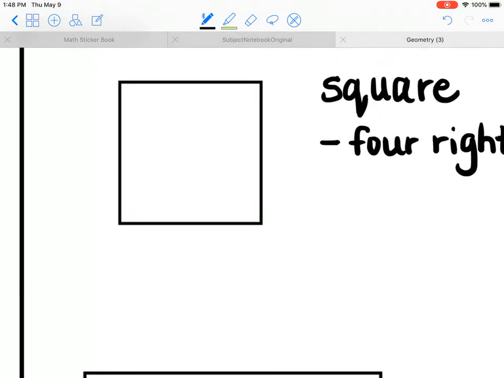So if I mark the 4 right angles, and hopefully you remember what that little marking means. Do you remember what each of these little squares represents? Those are right angles. They're 90 degrees. So 90, 90, 90, and 90.